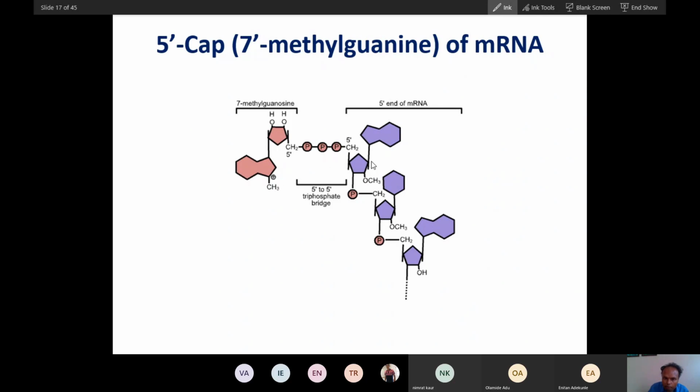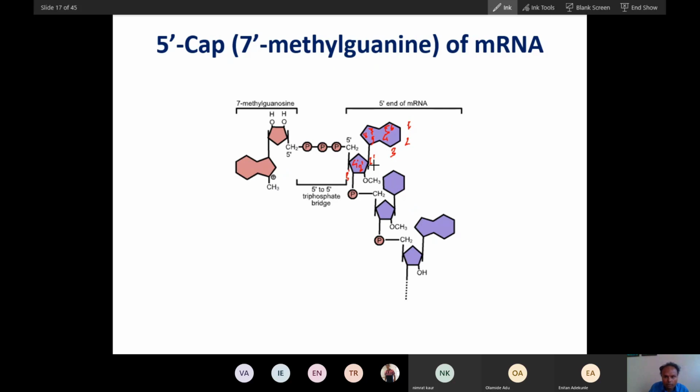This is the base, this is the sugar, and this sugar is numbered 1', 2', 3', 4', and the base is numbered 1, 2, 3, 4, 5. Base is not given prime numbering. So the base is numbered 1, 2, 3, 4, 5, 6, 7, 8, 9, like this.